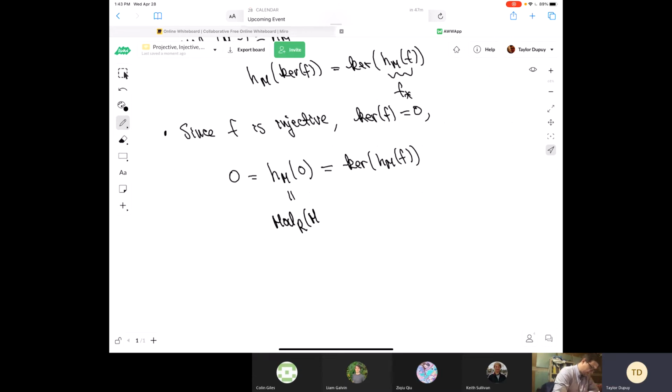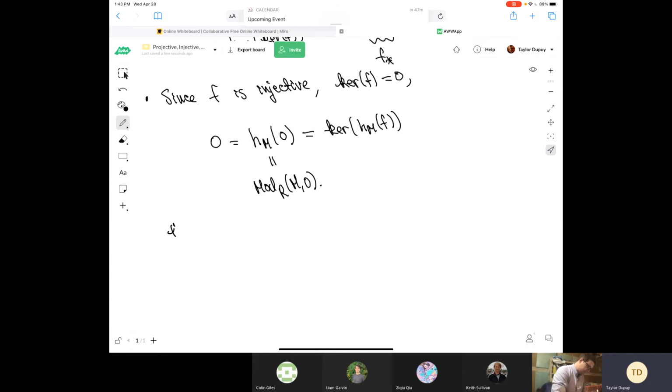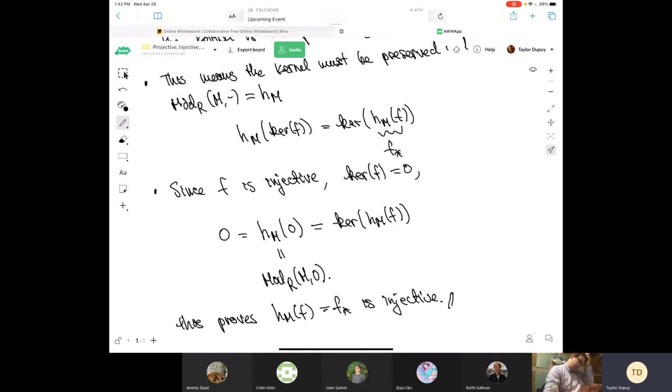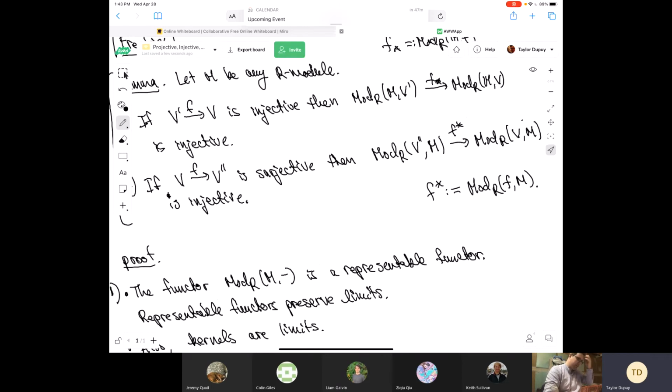This is mod R M to 0. The only map from M into the 0 module is 0, so it's the 0 module. And so this proves that HM F, this map F star, is injective. As a freebie, we get that injective maps go to injective maps.